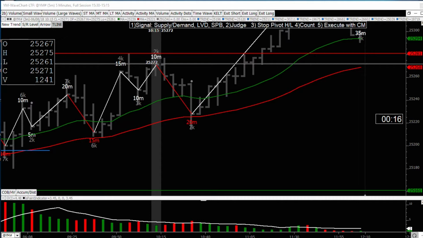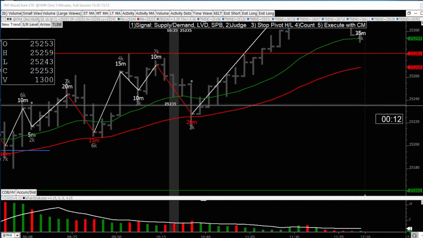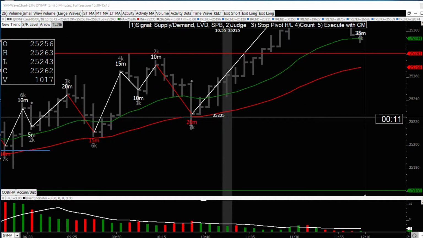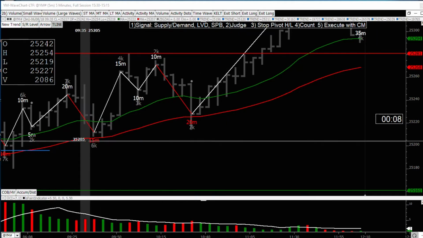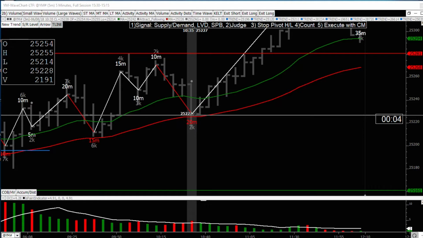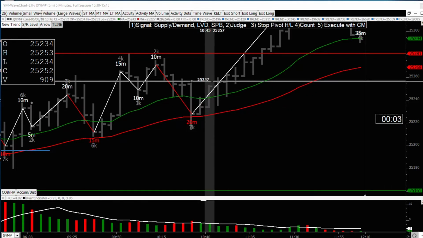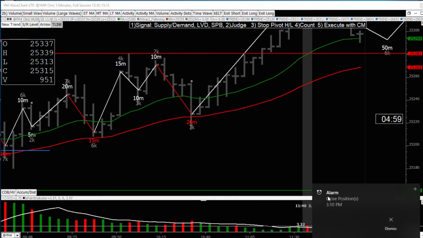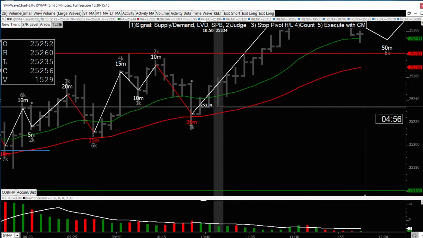But that wave, all it does is it tests. Okay, you want to break, or you want to see the reaction back up, wait for it and see if it's weak.